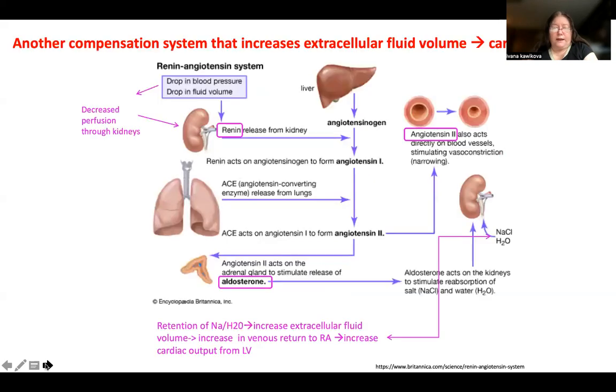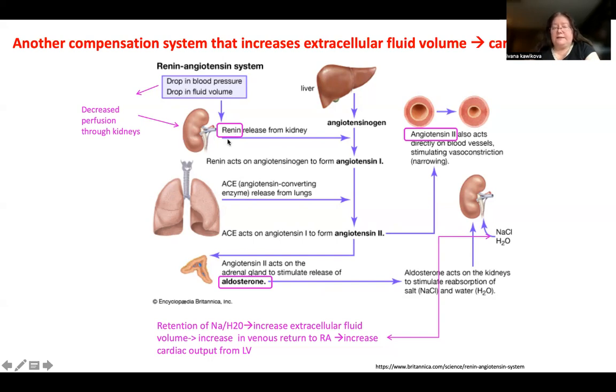This is the renin-angiotensin-aldosterone system. We said that the sympathetic system is going to decrease blood flow in not-needed areas, which includes the abdominal cavity. And in the abdominal cavity, we have kidneys. When there is decreased perfusion of kidneys, this is a stimulus for kidneys to release renin, specifically from an area called the macula densa.